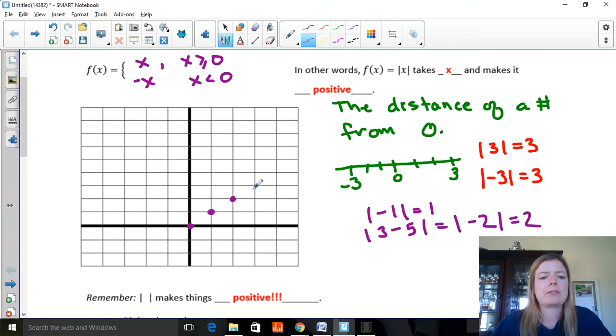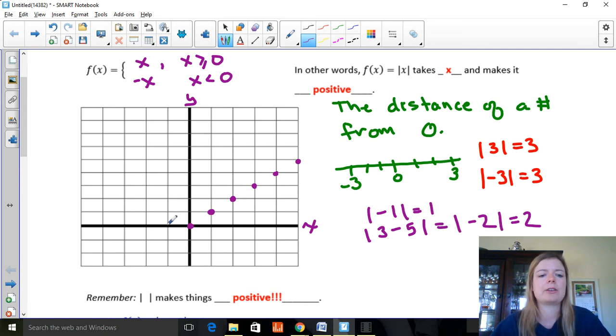The absolute value of 3 is 3. 4 is 4. 5 is 5. These are our x values and these are our y values. Notice that this is just the line y = x, which is what we said here, f(x) = x if x is greater than 0.